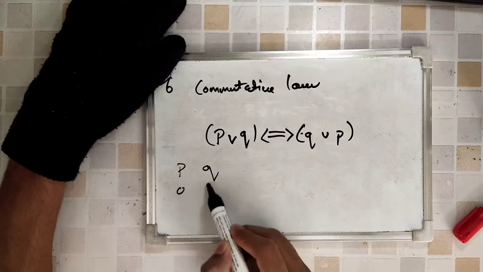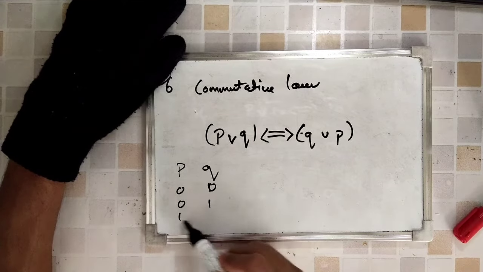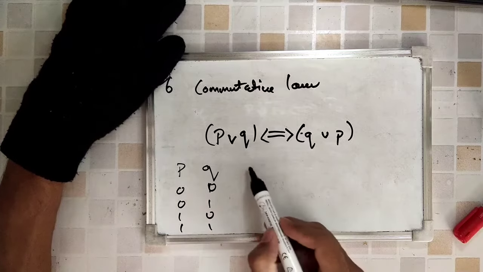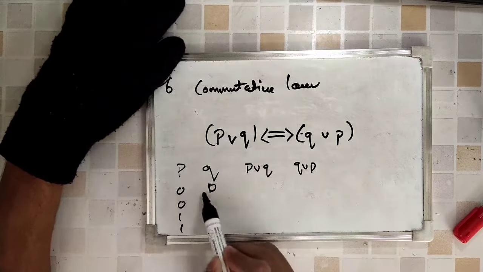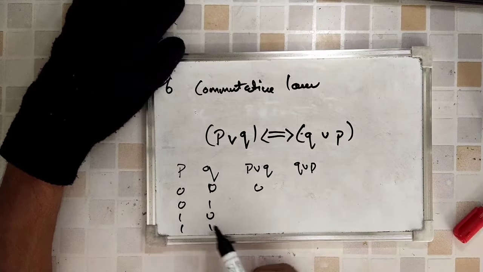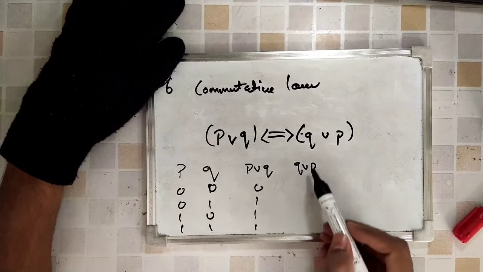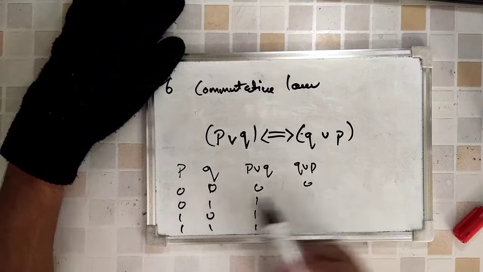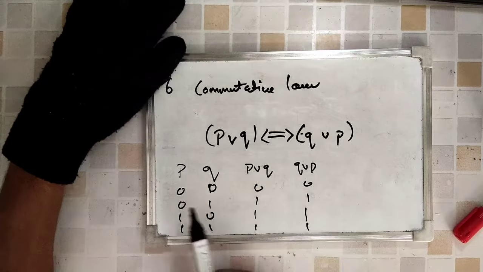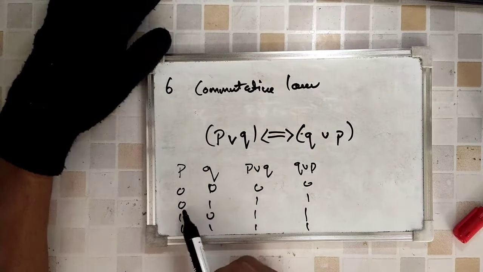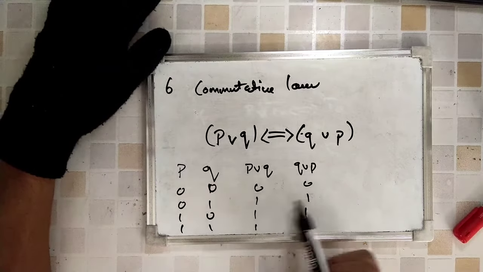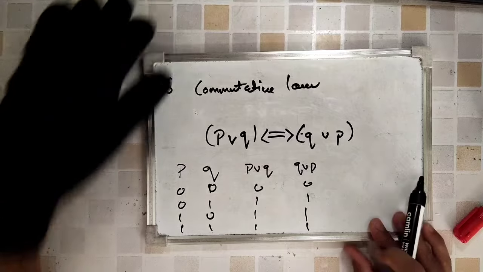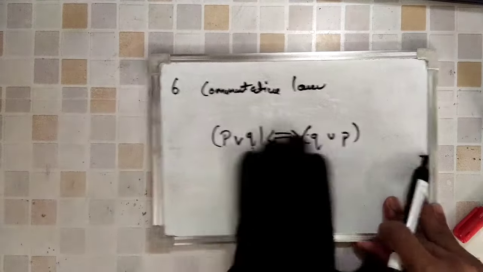P Q: 0 0, 0 1, 1 0, 1 1. Here I will take P or Q and here I will take Q or P. So 0 or 0 is 0, and the others are 1 1 1. Similarly for Q or P, first it will be 0, again I will have 1 1 1. How did you get this? Simple, right? 1 or 0 is 1, 0 or 1 is 1, 1 or 1 is 1. Only 0 0 gives 0. So both are the same. So this is true.